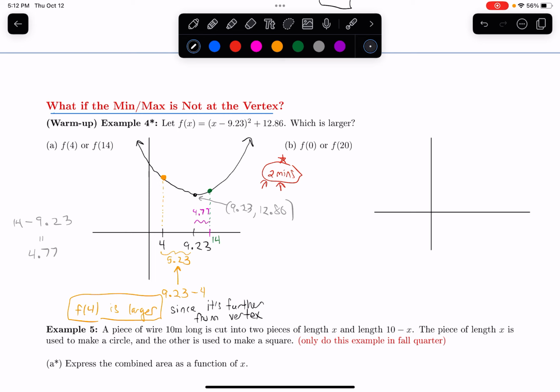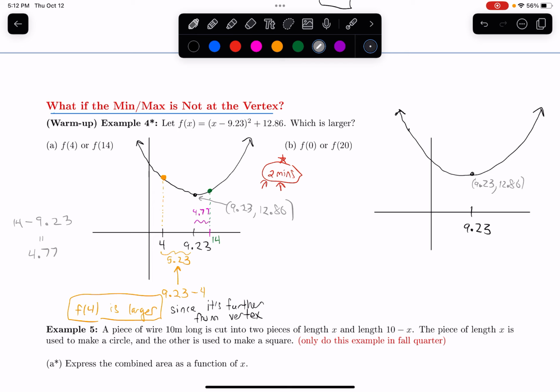Again, I'm going to draw the shape of my parabola. Something like this, and I've got my vertex. I know the x-coordinate of my vertex is 9.23, so it's at 9.23, 12.86. Those are the coordinates of my vertex.